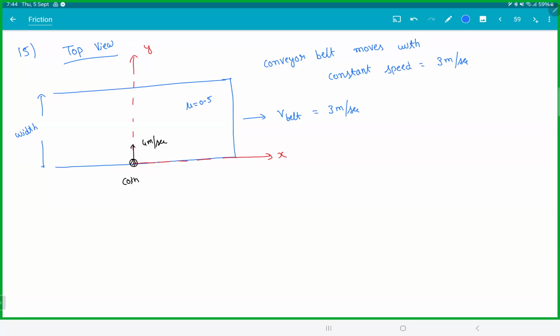Scenario is clear. So can you show it again? So the coin here enters perpendicularly. Look at the diagram here on the page. You're not able to visualize this. This will come in the exam. What are you not able to understand here? Coin enters perpendicularly to the velocity of the belt.